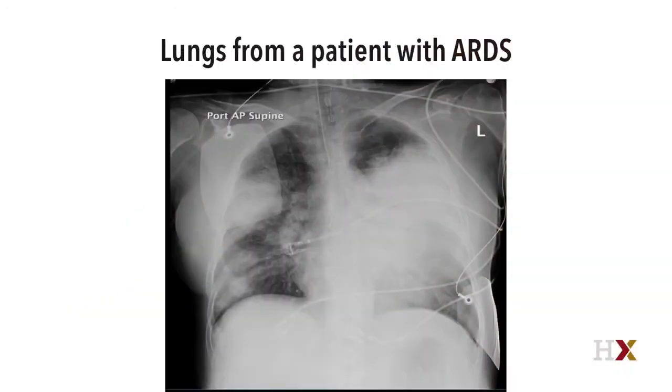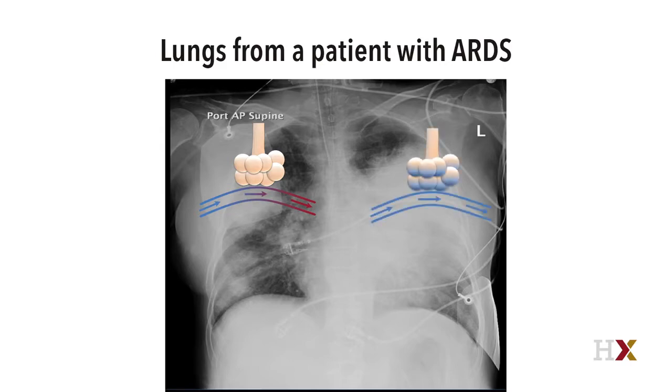When we look at the lungs of a patient who has ARDS, we see a lot of heterogeneity. Here in this X-ray, we see a profound example of that. We see areas up here that have normal ventilation perfusion and are participating relatively regularly in the process. There's a large area over here with profound edema, consolidation, and infiltrate.